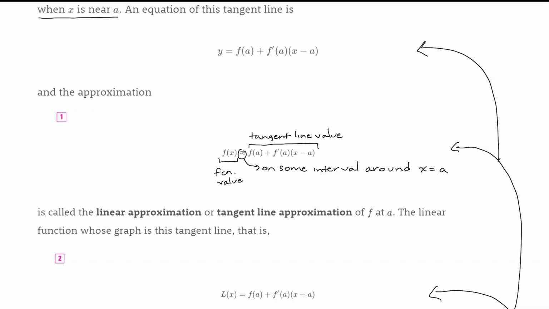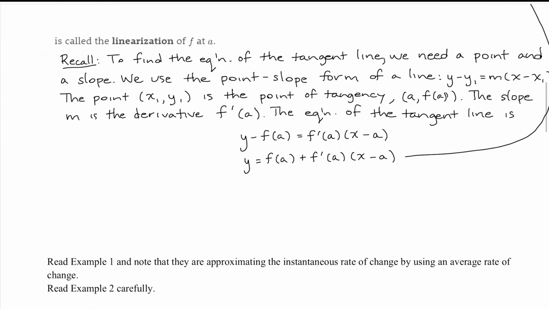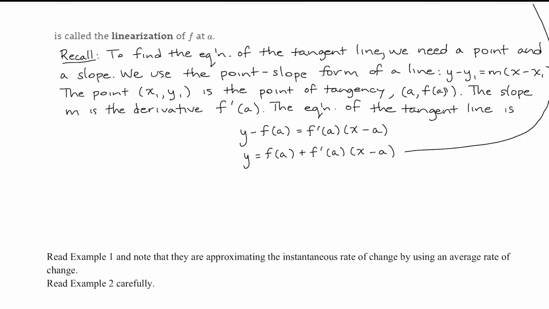So the right-hand side is the tangent line equation. The left-hand side is not actually designating the tangent line, it's designating the function, right? So this one is a little different than the other two. In equation 2, L of x designates I'm on the tangent line. Equation 1 says, well, I'm on the tangent line on the right-hand side, and I'm using that to approximate being on the function on the left-hand side.